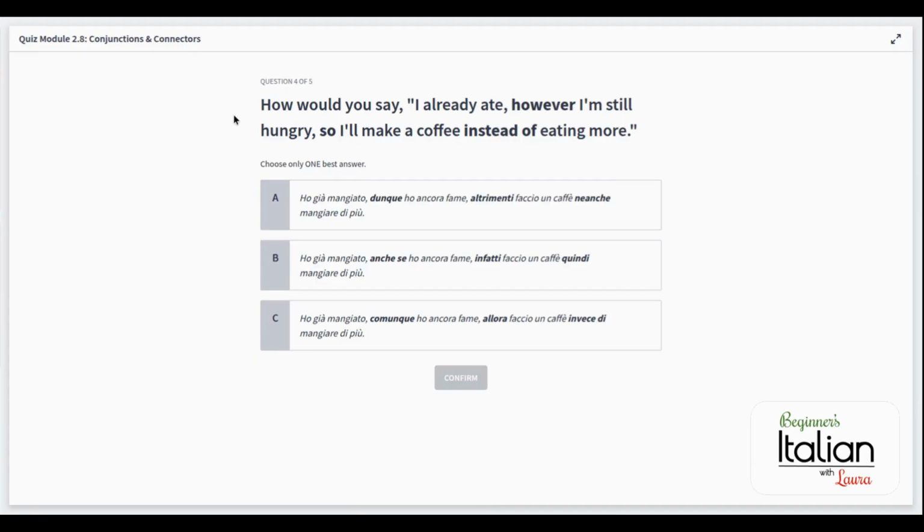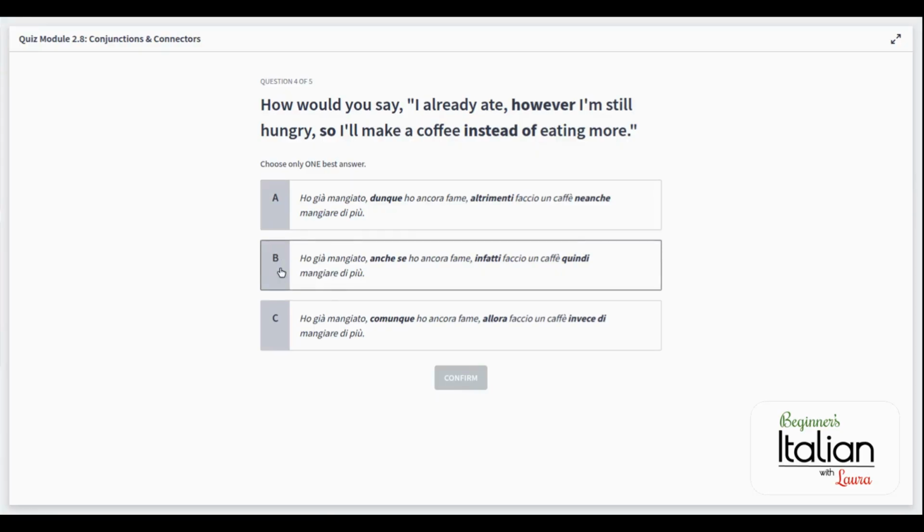Number 4. How would you say, I already ate, however, I'm still hungry, so I'll make a coffee instead of eating more? Choose only one best answer. Letter A. Ho già mangiato, dunque ho ancora fame, altrimenti faccio un caffè, neanche mangiare di più.